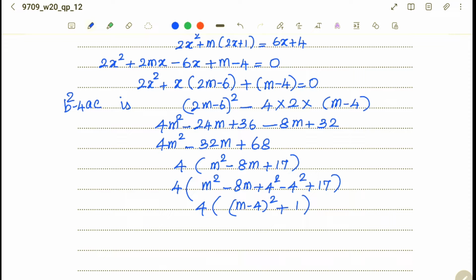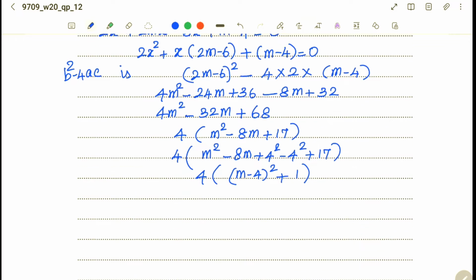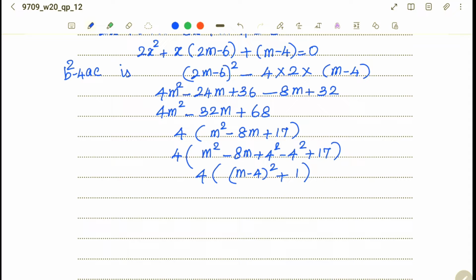So in this expression, m minus 4 the whole square, for whatever value may be the value of m, this will be always positive. Positive plus 1, another positive number, will give positive. So this will always be greater than 0. Okay.